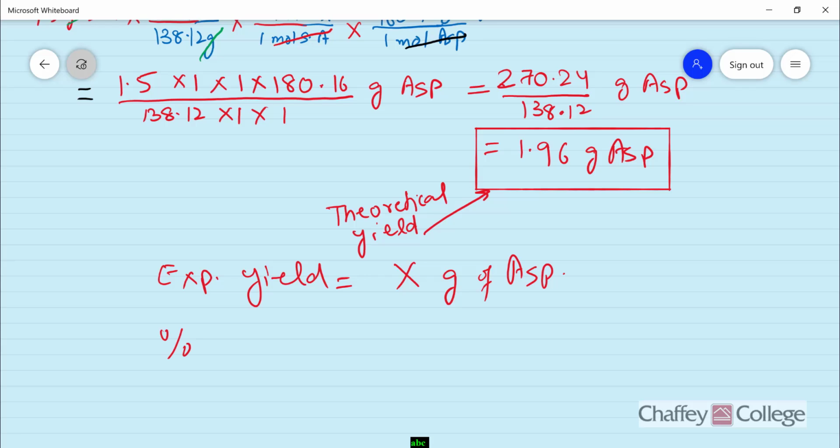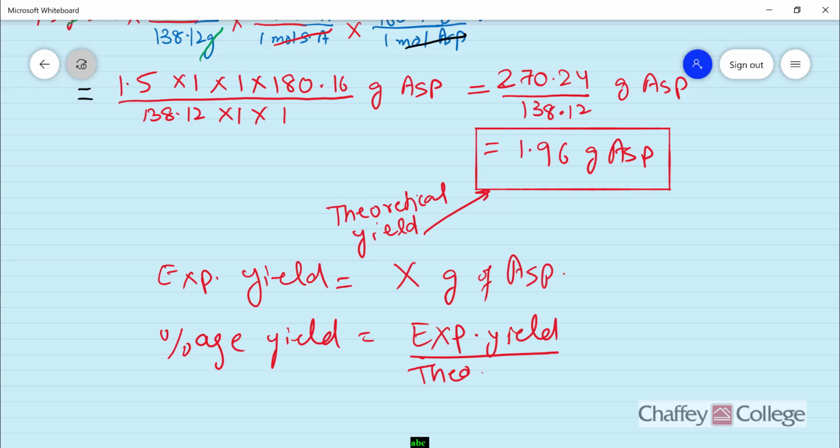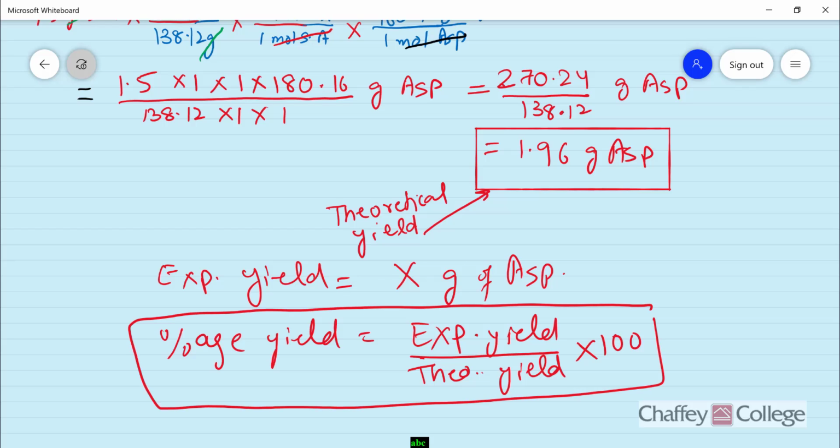And percentage yield is experimental yield divided by theoretical yield multiplied by 100. So plug in your values and you should be able to calculate the percentage yield.